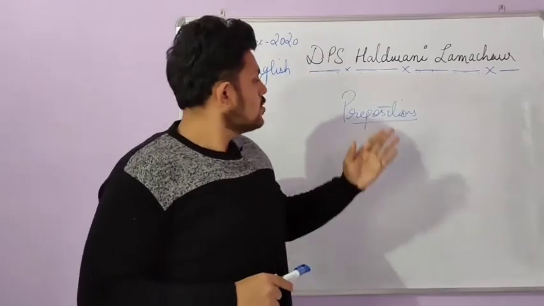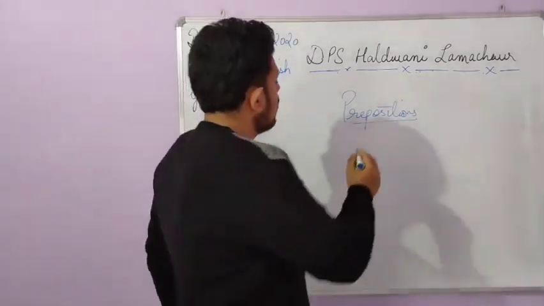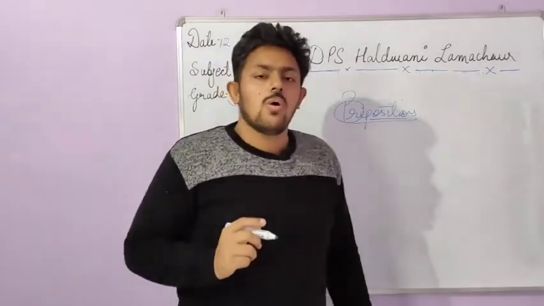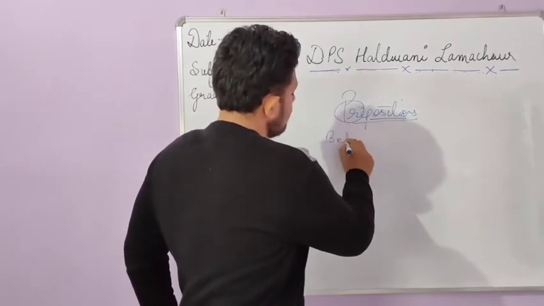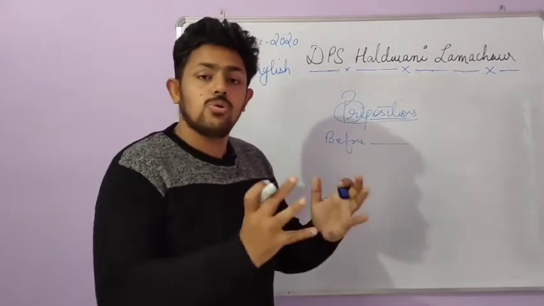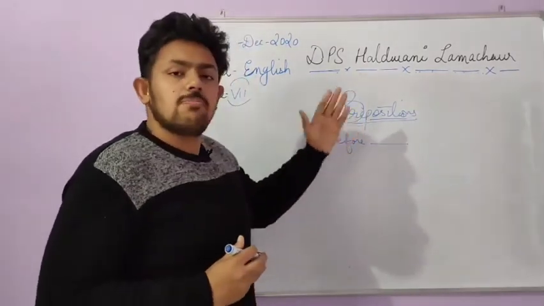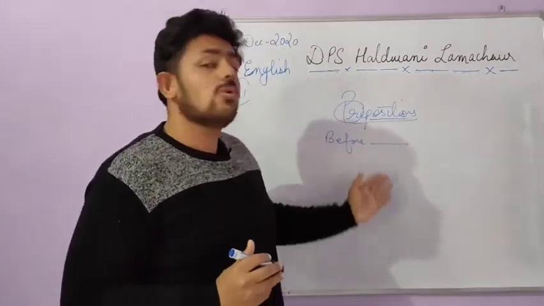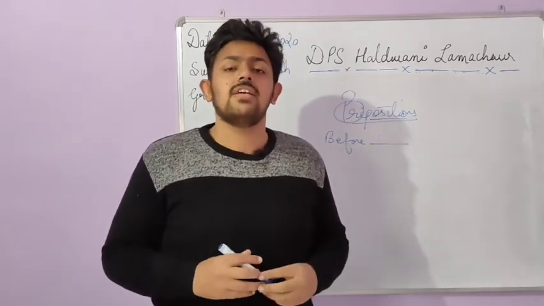So what is a preposition? See, the words pre and position are there. What does pre mean? Usually pre means before, and position signifies a place, a particular place. Preposition doesn't always mean that the word will be before, but in a sense it defines it.